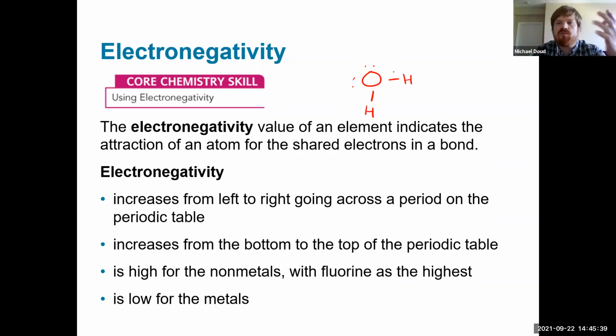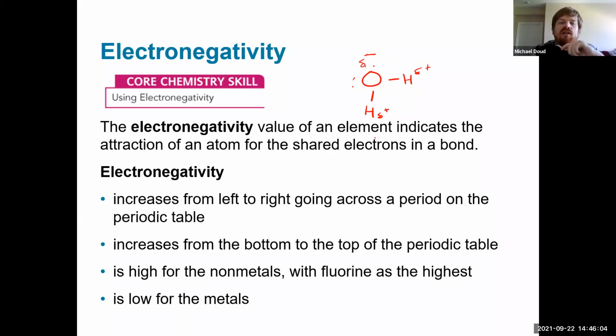In other words, oxygen is more electronegative. It's pulling those electrons to its side. Because of that, a charge gradient builds up, where the oxygen atom is going to have a partial negative charge, and each of the hydrogen atoms is going to have a partial positive charge.